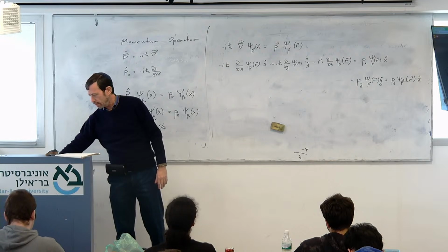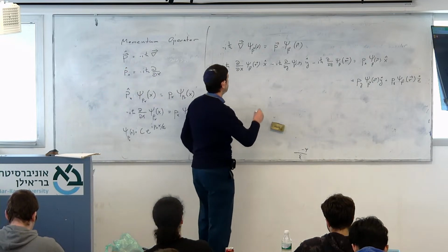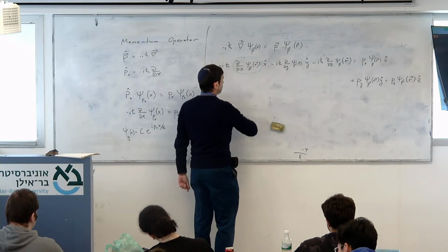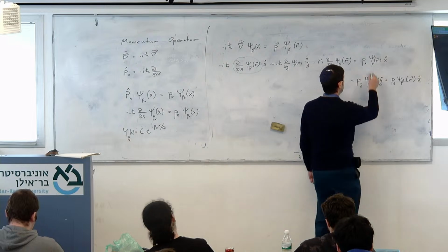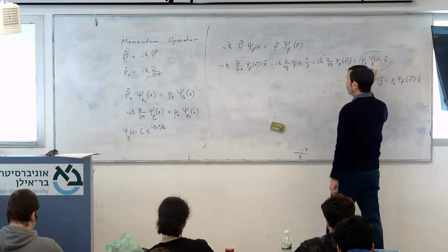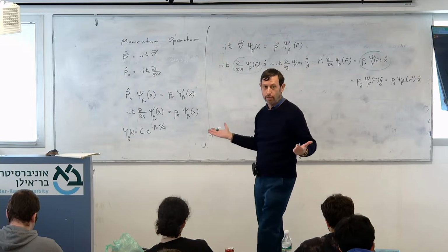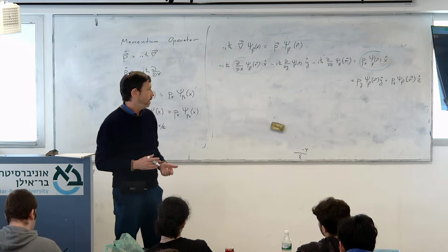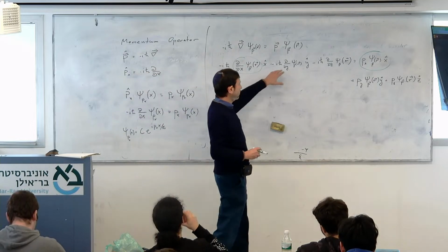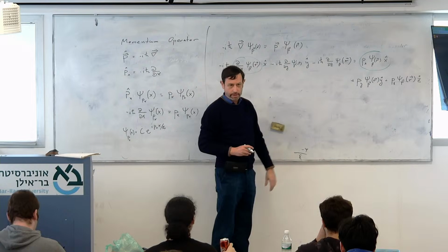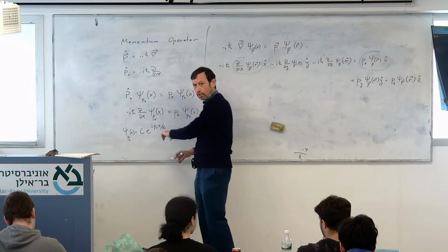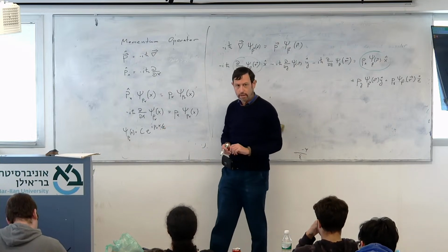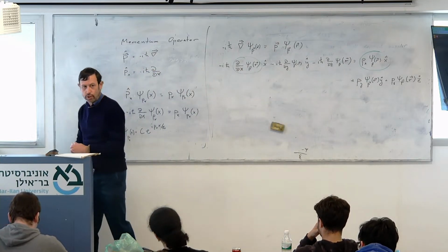You can immediately see that this component has to be equal to this component, because only part of the expression has any contribution in the x direction, the same for y, the same for z, and we basically solved it here. So the solution.